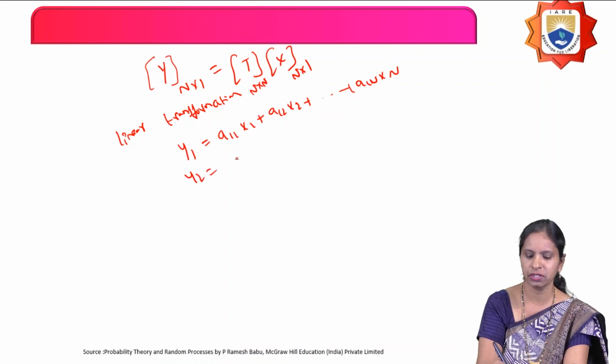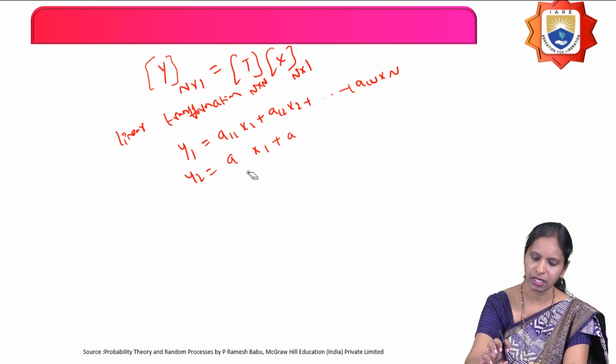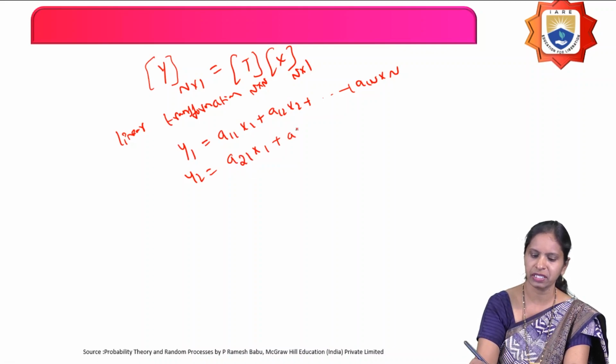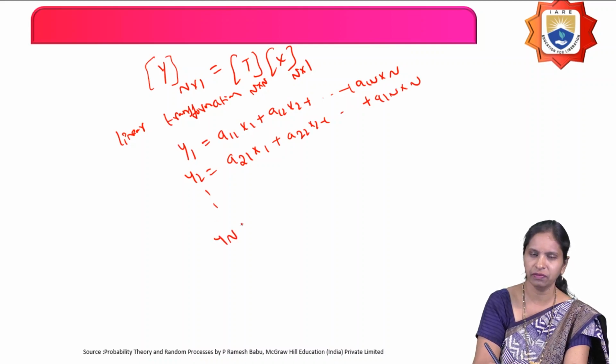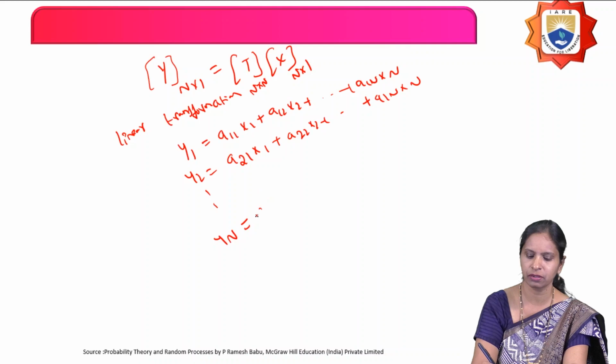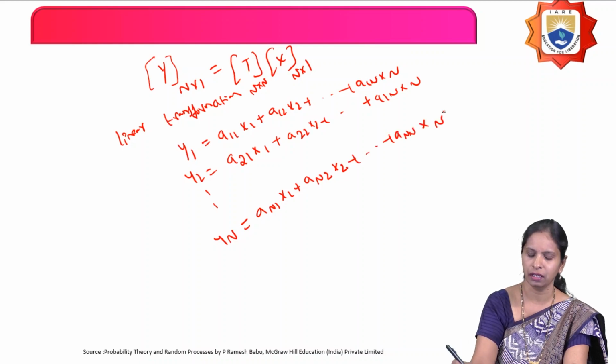And y2, the second row, equals a21 x1 plus a22 x2 plus and so on a2n xn. Similarly, the nth transformed random variable yn equals an1 x1 plus an2 x2 plus and so on ann xn.